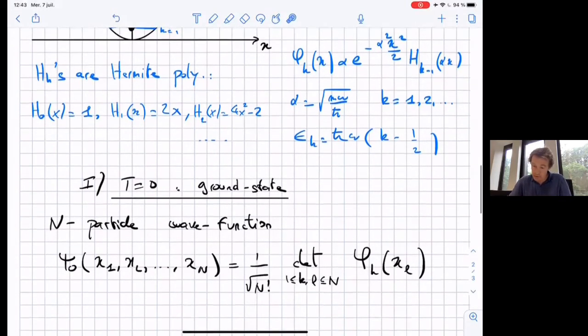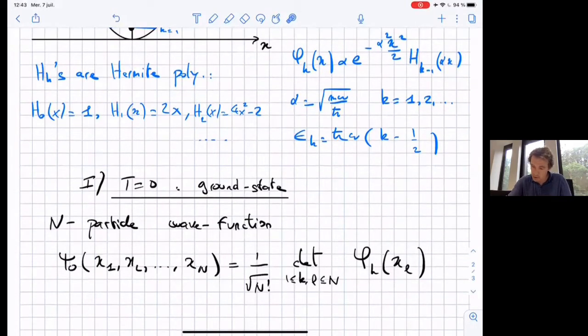Now, what you need to do is basically to insert this expression into this determinant. So let's try to manipulate this determinant a little bit. One thing that you can easily do is that there will be some prefactors that I can just take out of the determinant. And also, I can simply use the multilinearity of the determinant to get rid of these Gaussian factors and just put these Gaussians outside.